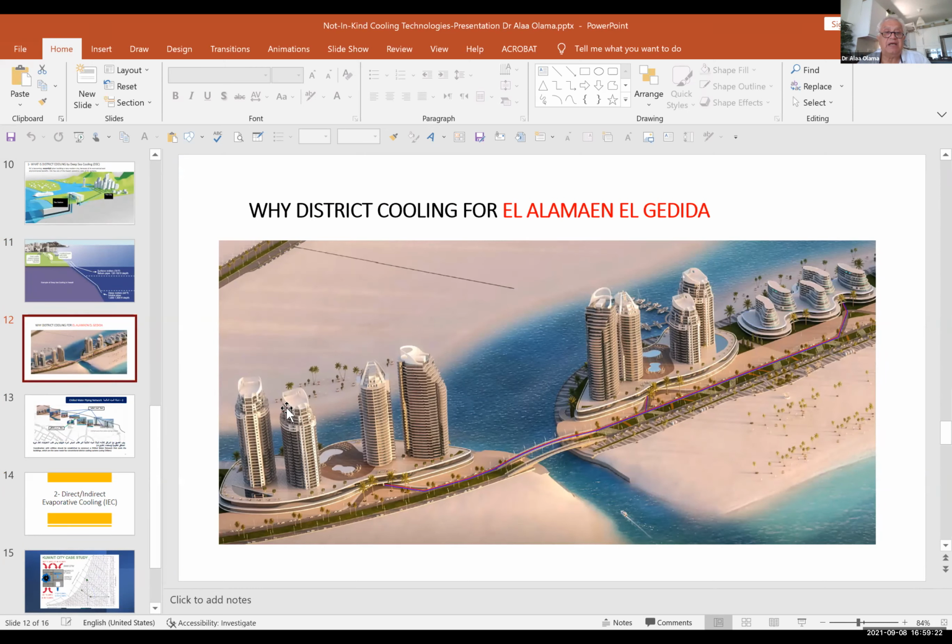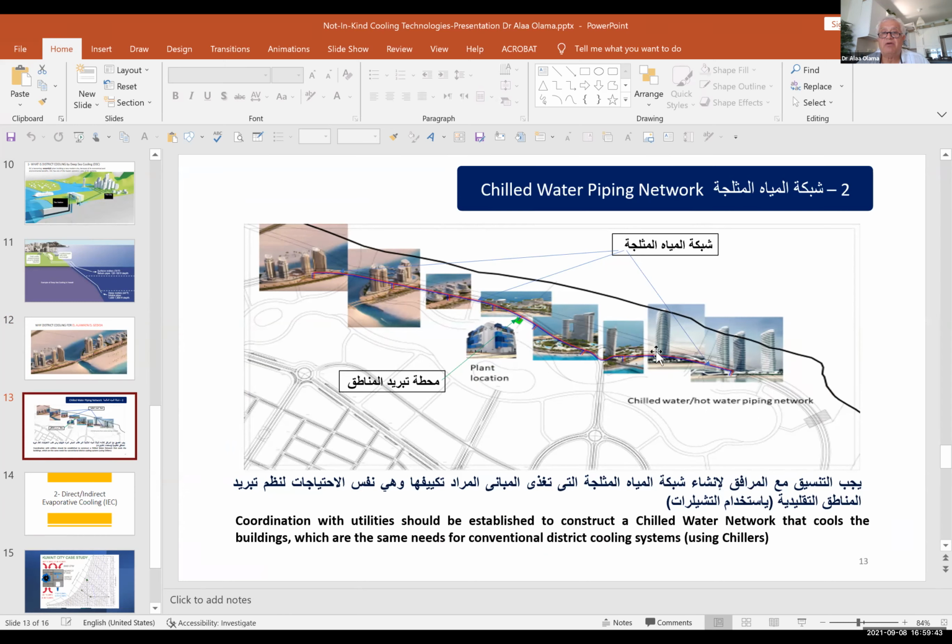And by doing so, sending chilled water to each and every tower over there with a plant location in the middle. Now, this system combined with a direct, indirect evaporative cooling system will give us the sort of things that, with it, we can combat the advent of COVID-19.